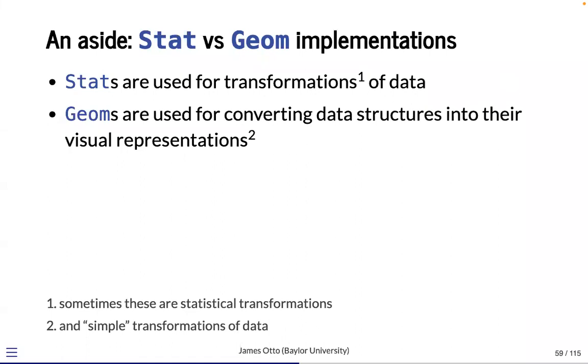Now, transformations, asterisk: sometimes these are statistical, they're called stats, which comes from statistical transformation. But the transformations that stats do are not always statistical, they might just be mathematical, or just really simple data transformations. Geoms are used for converting, but also sometimes for simple transformations of data. So you can already see there's overlap.